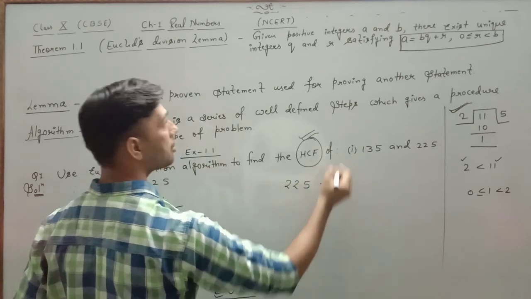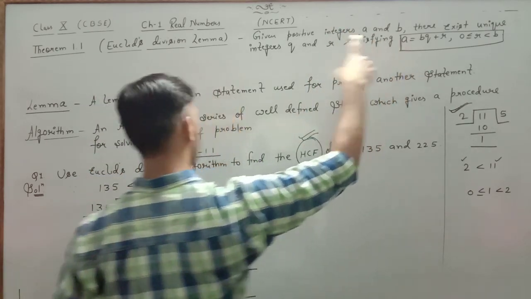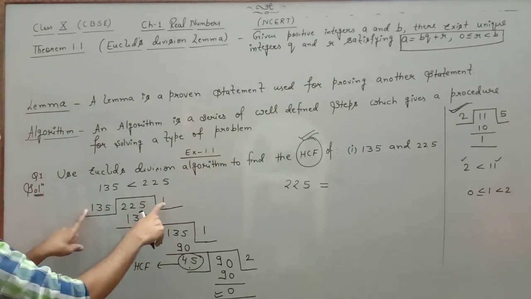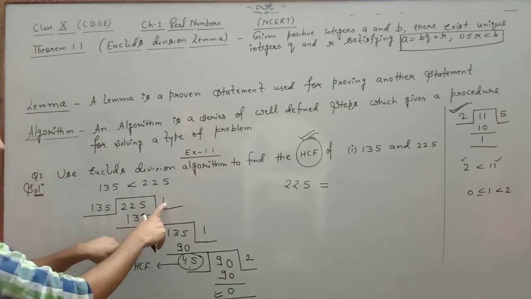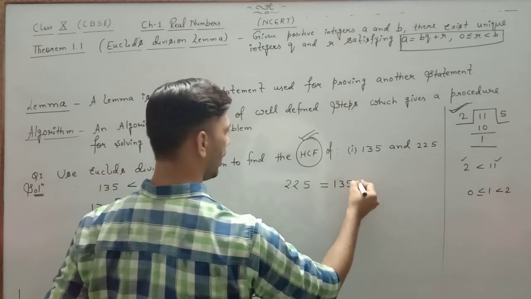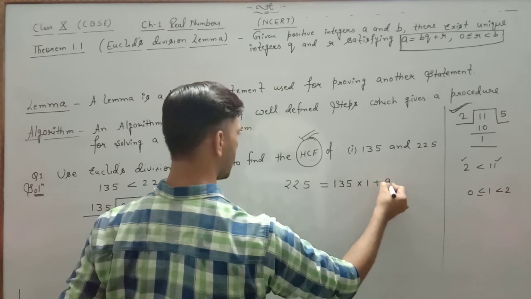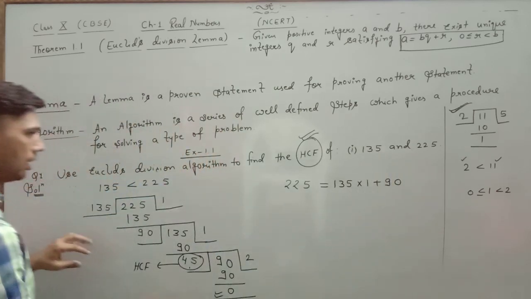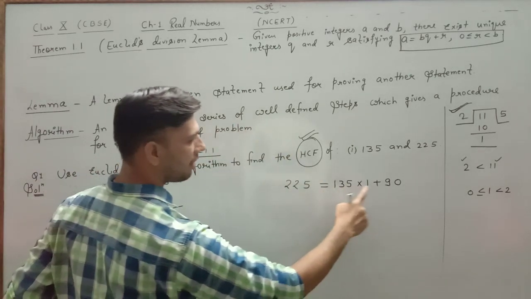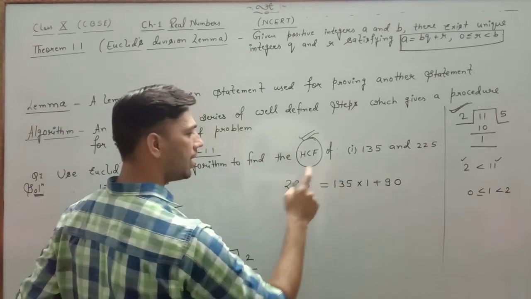Now we can also write this in other steps like this. 225 in this form: a means 225, b means 135, q is 1 and remainder 90. So 225 is equal to 135 into 1 plus 90. You can see easily, 135 plus 90 is 225.